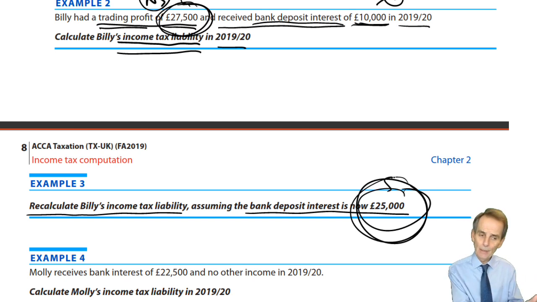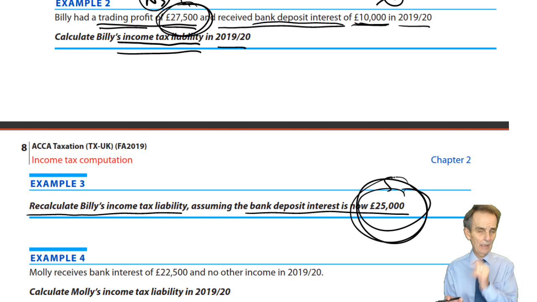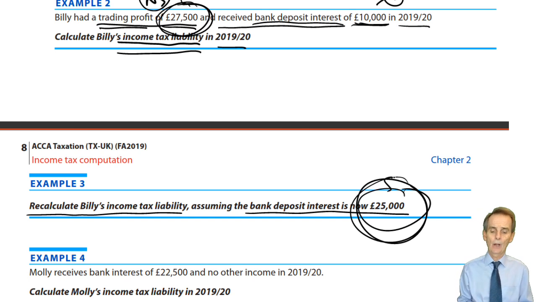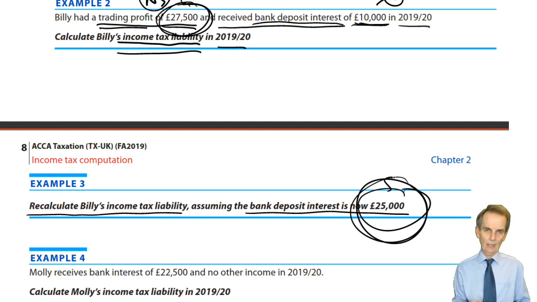We've eliminated any possibility of 0% starting rate, but we've always got to consider savings income nil rate. What level of taxpayer is Billy this time? Higher rate. What does that therefore mean? It means that the first £500 of the savings taxable income is to be taxed at the savings income nil rate.